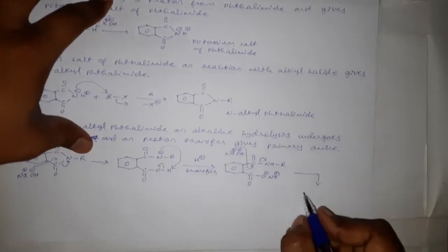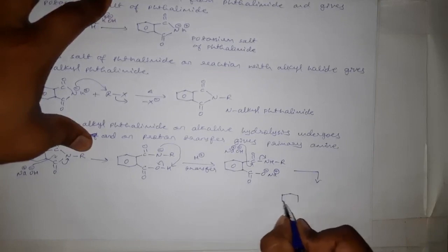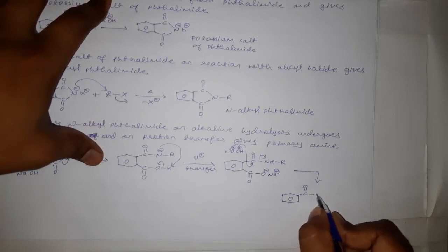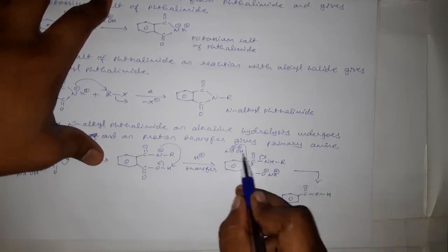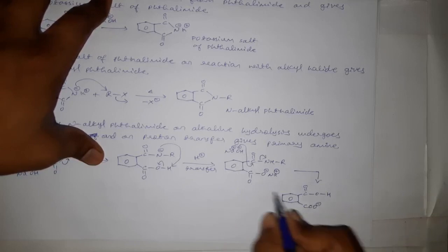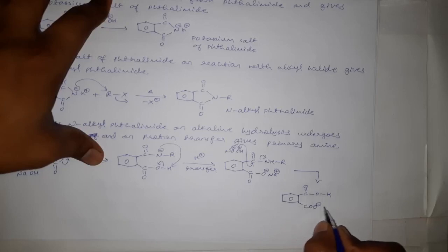Okay, and here we will get C double bond O, OH. After the addition of OH to this carbon, we will get C double bond O, OH, and here COO minus Na plus.